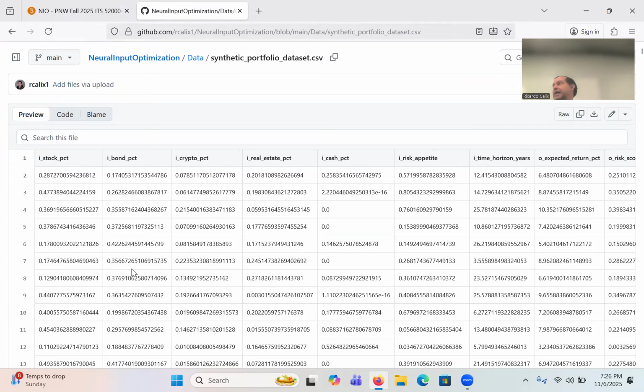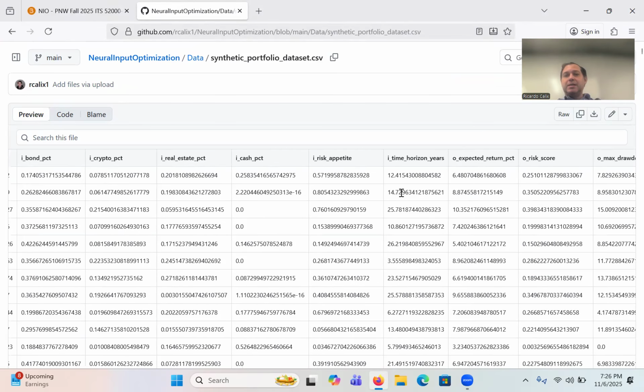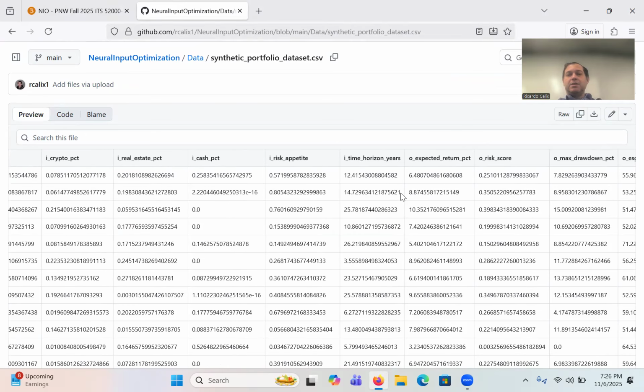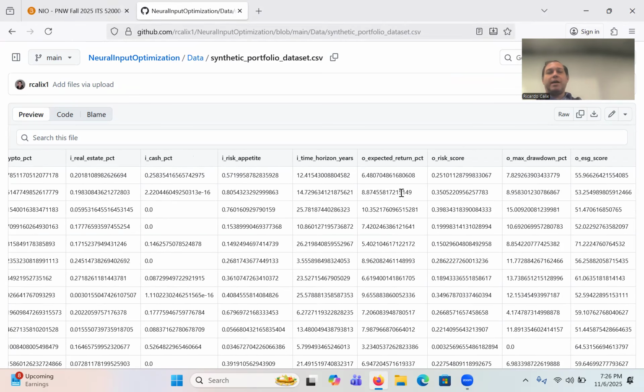Portfolio, for those of you that like the stock market, Bitcoin, something like that. You want to predict when you should invest, right? So you have stock, bond, crypto, real estate, cash, your risk appetite, time horizon in years, and then your outputs are expected return, risk score, maximum drawdown, ESG score. I don't know what that is, but something.